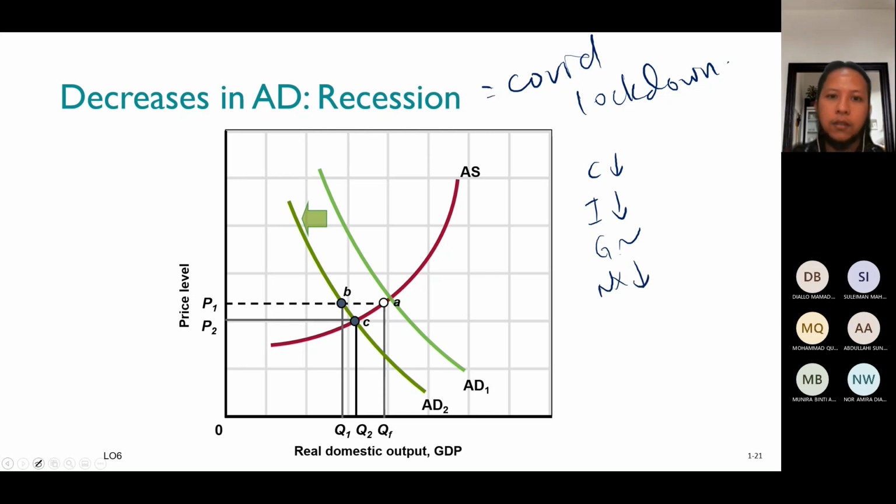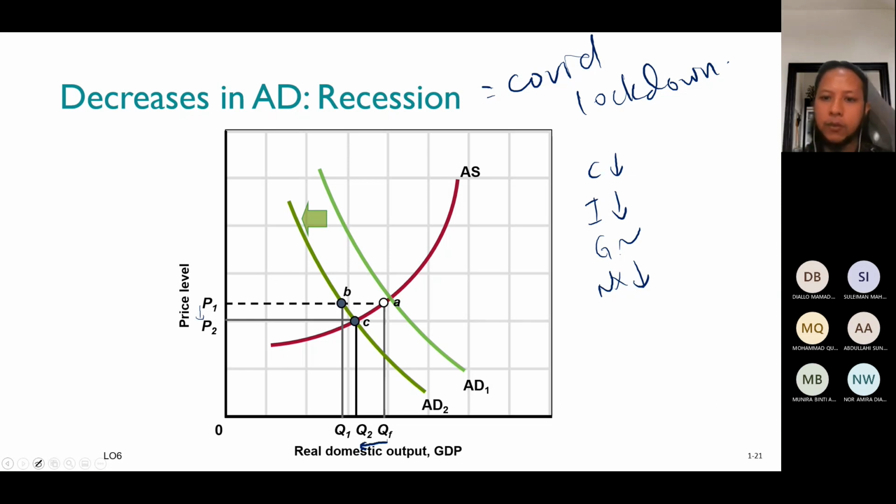And then this basically reduces the aggregate demand in the economy and causes the recession. And when this happens, the GDP output reduces, and the price level also reduces. So this is where usually a recession happens.